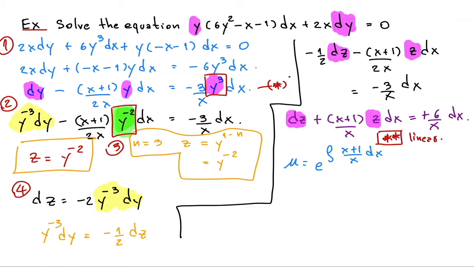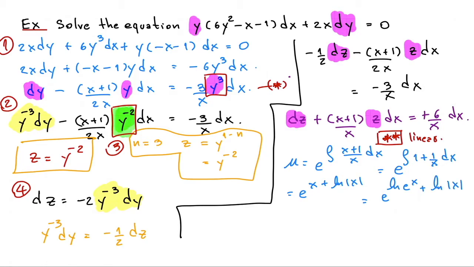And that is e to the integral of 1 plus 1 over x dx, which is e to the x plus log of absolute x, which is e to the log of e to the x plus log of absolute x.